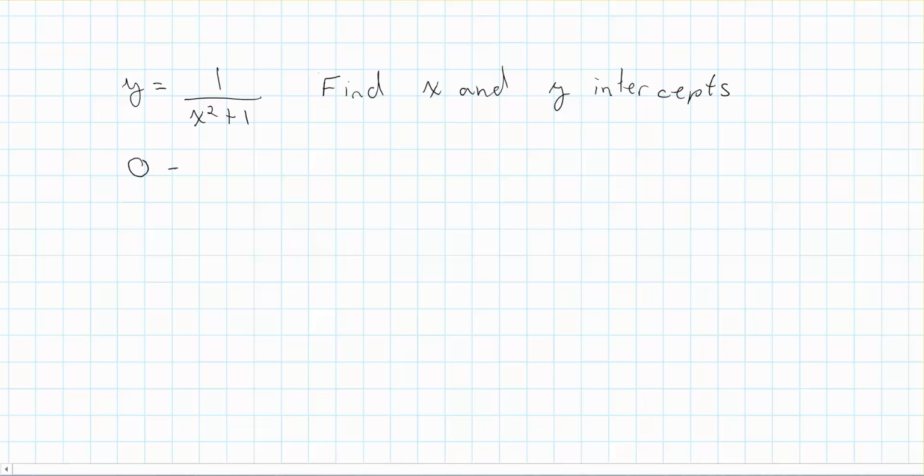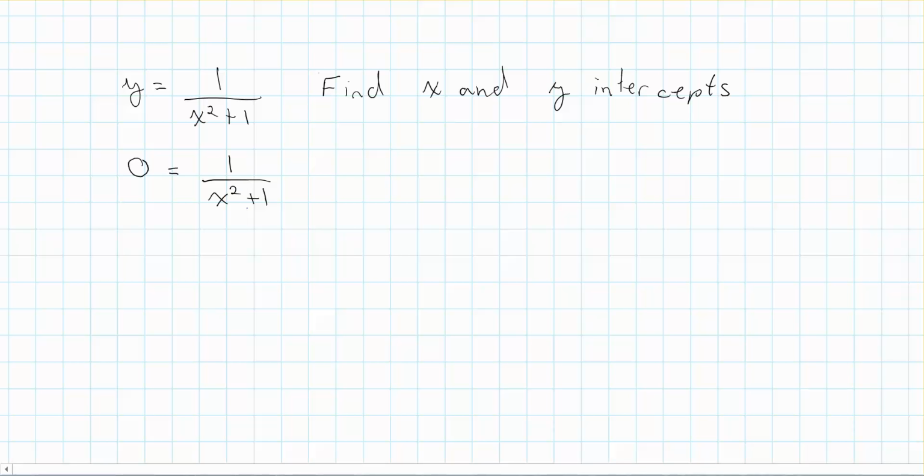So we have 0 is equal to 1 over x squared plus 1. Now, we have to think about this for a second. First off, I can put any number in the denominator here because I have x squared. If I put 0 in here, I have 0 plus 1, which is 1, and then any other number is going to be positive because I'm squaring it, and I'm going to be adding 1. So we're okay putting any number in.